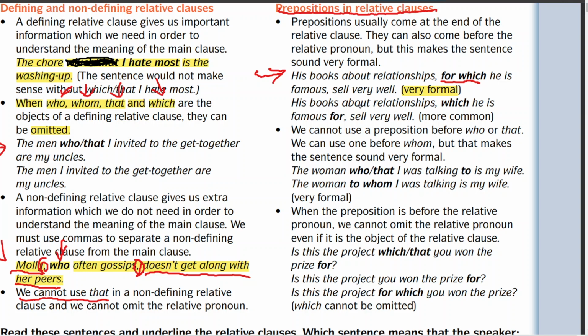You could also say it seperti contoh bawah. His books about relationships, which he is famous for, sell very well. Apa beza kedua-dua ayat ni adalah kedudukan for sahaja. Tadi for which, yang ni adalah which he is famous for, sell very well.